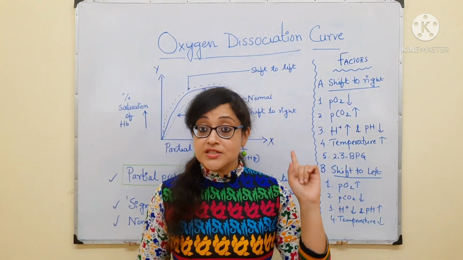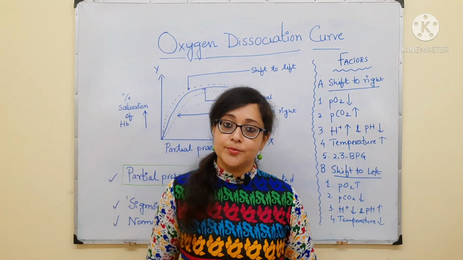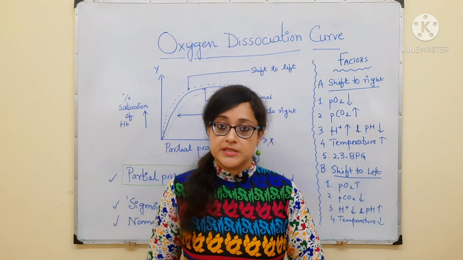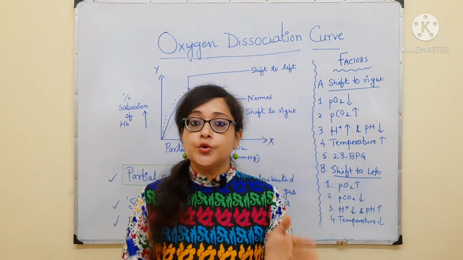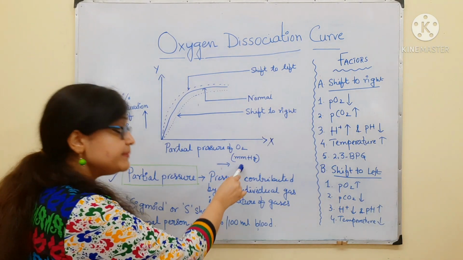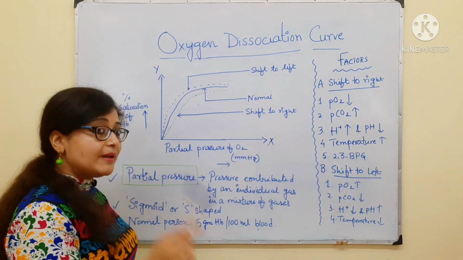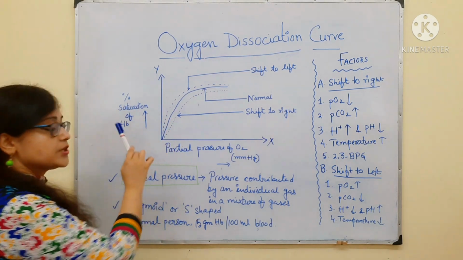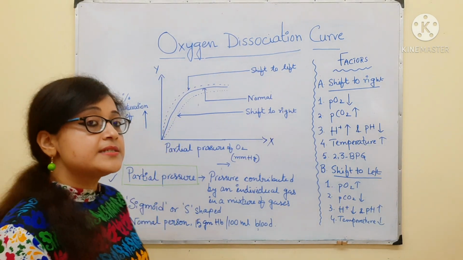This is the oxygen dissociation curve of hemoglobin. What is this? This is basically a graphical representation to show the relationship between the partial pressure of oxygen in millimeter Hg, please remember the unit, and, on the y-axis, percent saturation of hemoglobin.